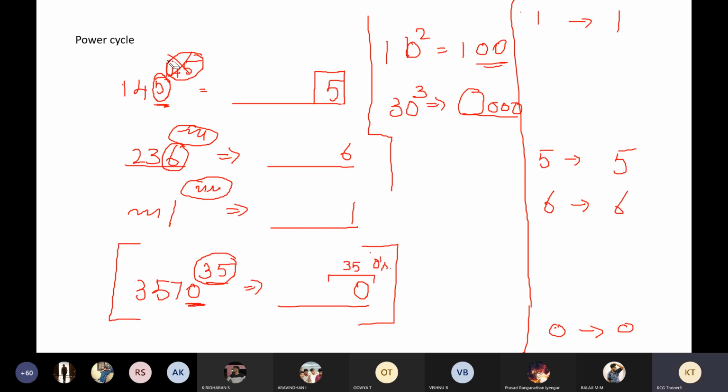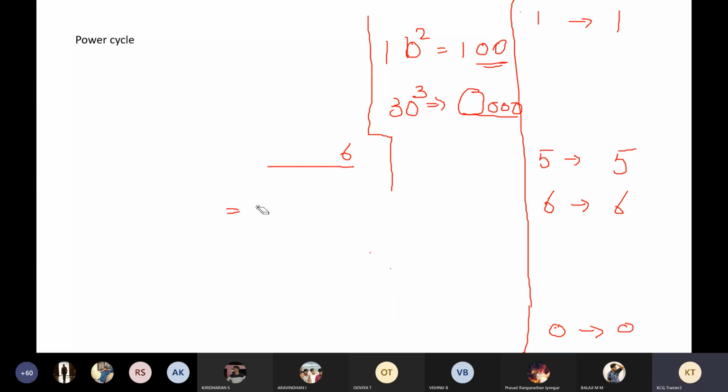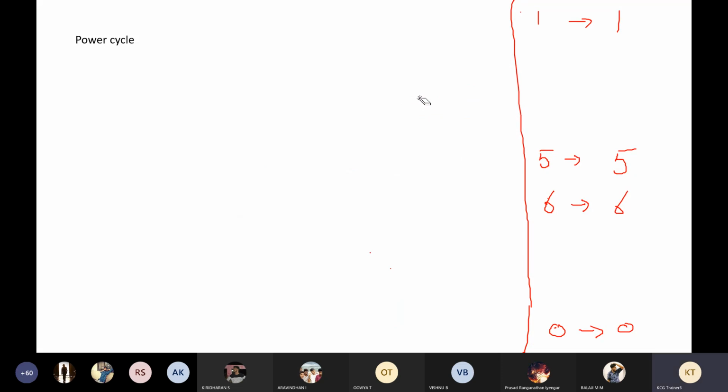Okay, fine guys, enough then. So we have discussed 1, 5, 6 and 0. Now let's discuss the other numbers. Let's say, for example, let's take 4, 9, for instance. Let's say if the question is 24 power 24, what will be the last digit, guys?